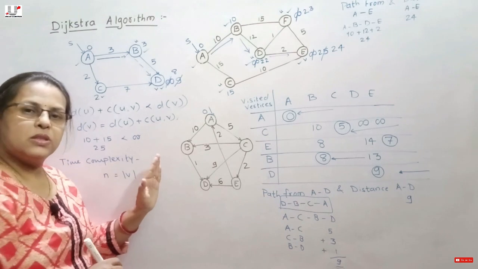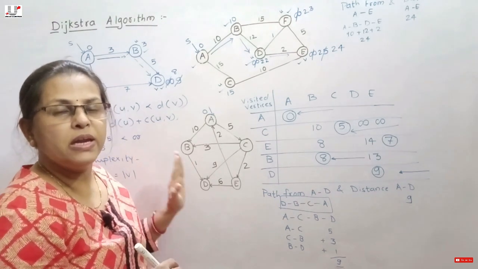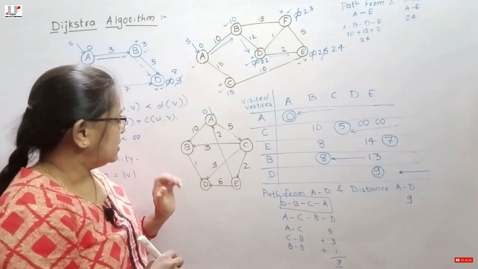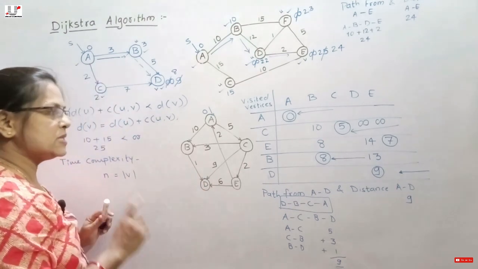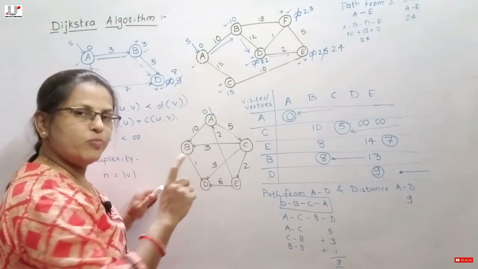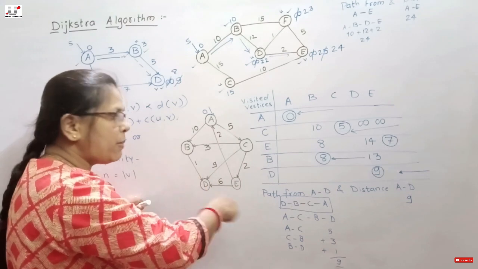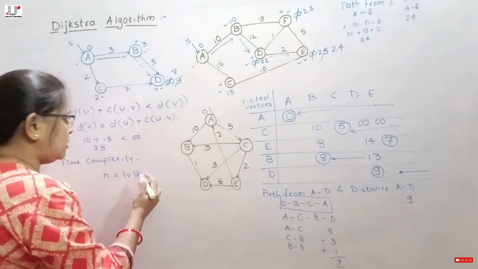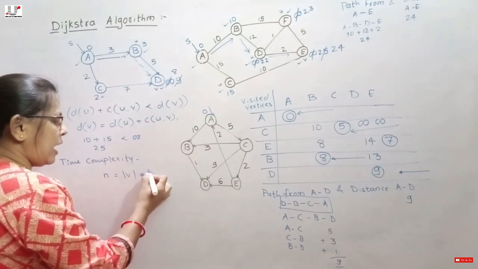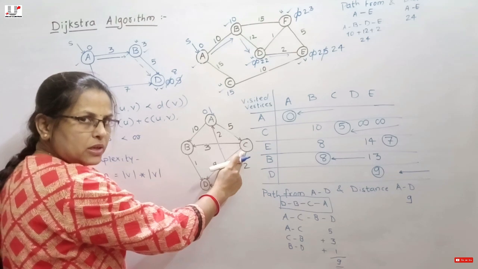But if the graph is considered as a complete weighted graph, complete graph means every vertex can have an outgoing edge to all the remaining vertices. That means we can visit n number of vertices from the given vertex.